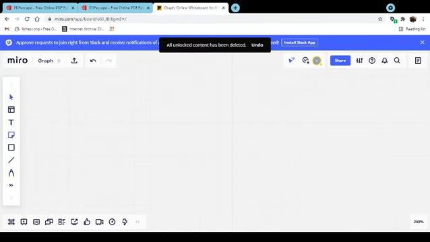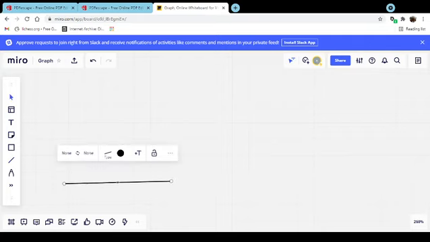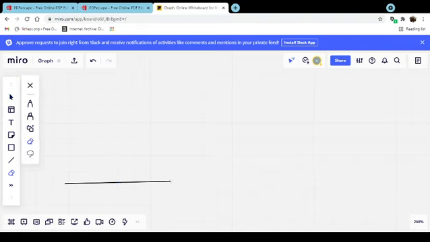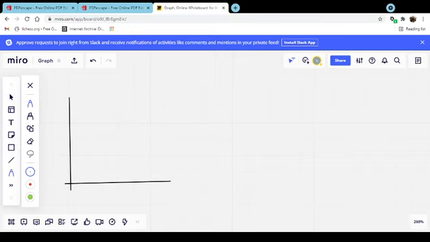Let us take a straight line like this, and one more straight line. Let us say the motion is starting from this point.